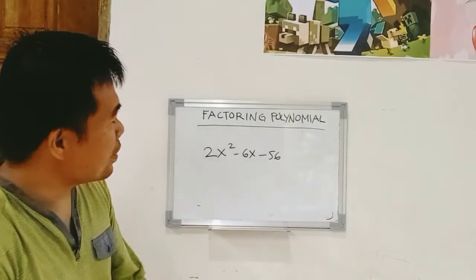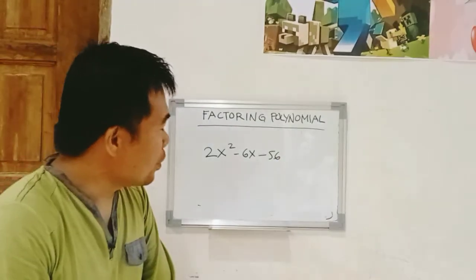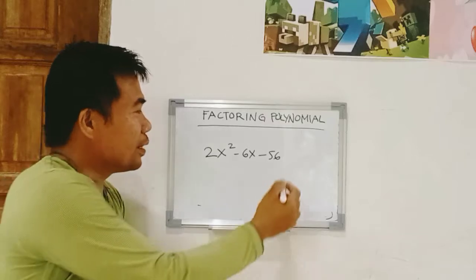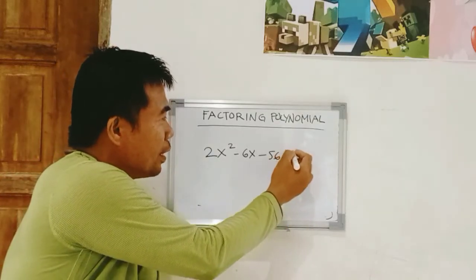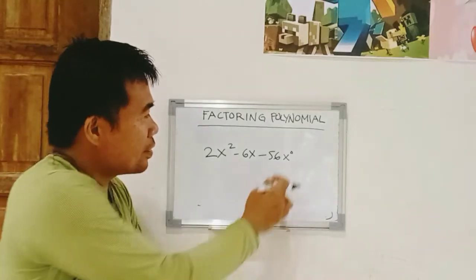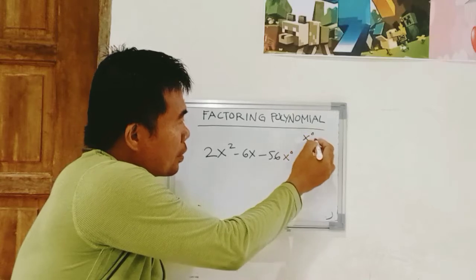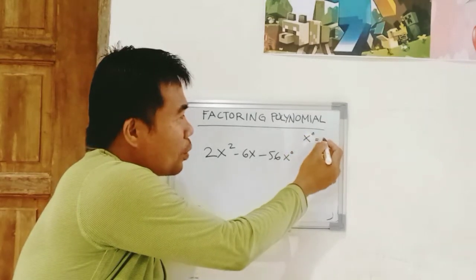So the question is, is there any variable in the last term? So actually there is a variable here, x to the power of 0. So this variable with a power of 0 is equivalent to 1.